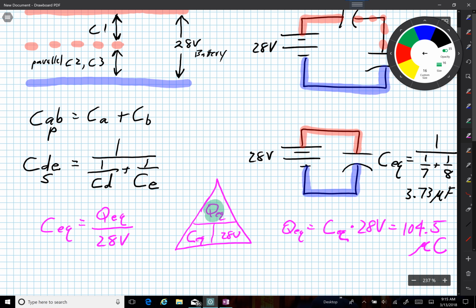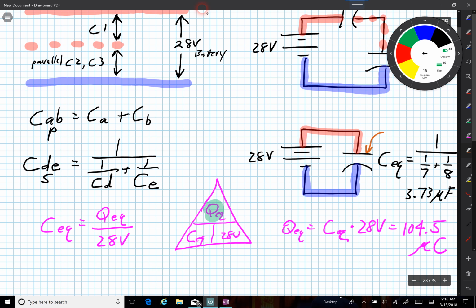It's charge, so it's coulombs, and this capacitance was microfarads. See this prefix here. So that micro comes through in my answer, but because I'm calculating charge, it's microcoulombs of charge. 104.5 microcoulombs of charge.